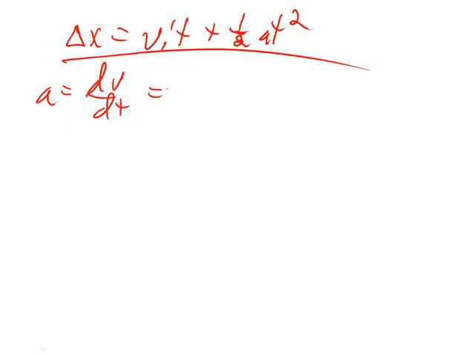Well, don't forget now, because remember, the derivative of velocity is acceleration with respect to time. But if you do it with displacement with respect to time, starting with displacement, it's the second derivative, right?